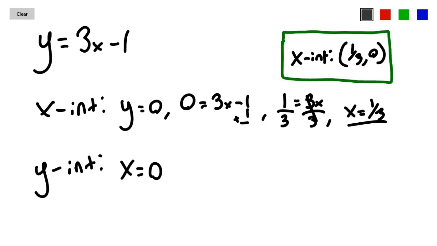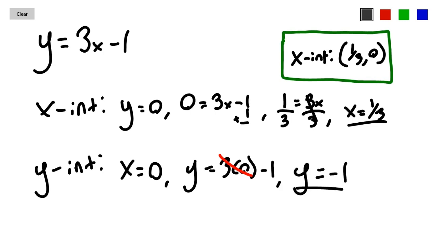So likewise for the y-intercept, what I'm going to do is I'm going to plug in 0 for x. So I will have y is equal to 3 times 0 minus 1. Well, 3 times 0 is just 0, so that goes away, and I get y is equal to negative 1. So my y-intercept is the point 0, negative 1.